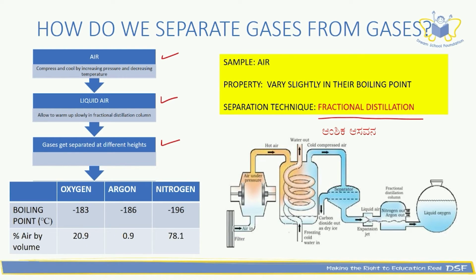The basic principle of this type of distillation is that different liquids boil at different temperatures and evaporate. So when the mixture is heated, the substance with the lowest boiling point evaporates first and it is followed by the other gases. These gases are later collected separately.